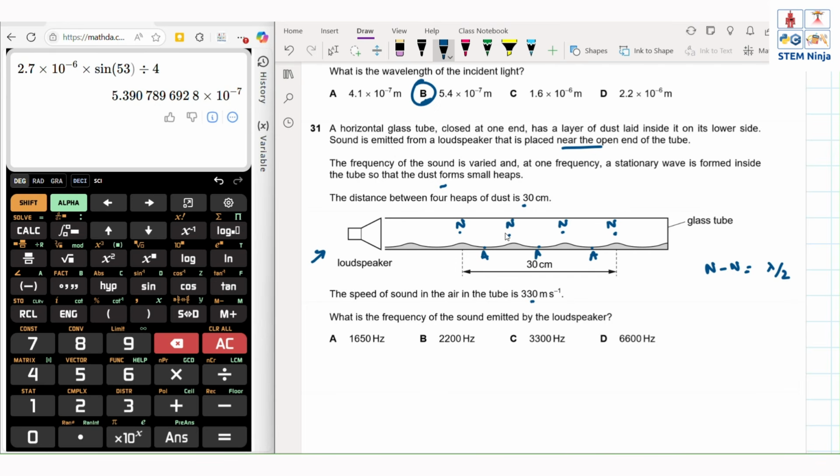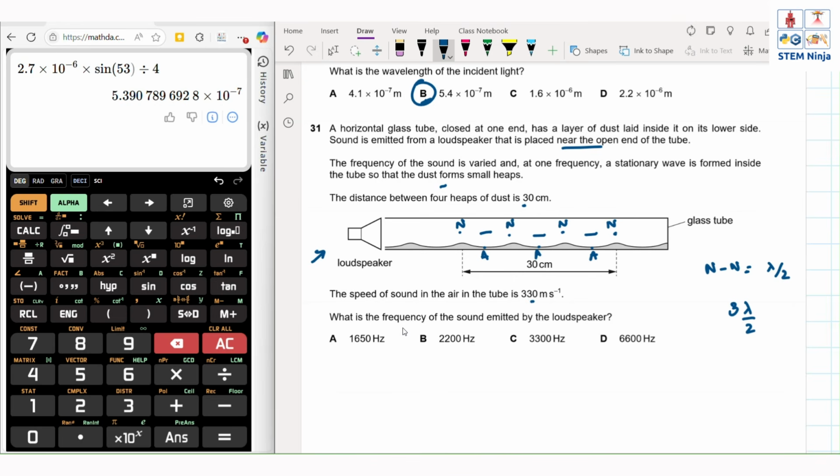So half wavelength, half wavelength, half wavelength. So that is 3 times half wavelength, sorry, my bad. 3 times half wavelength. That's all, 3 lambda by 2. So that's what we have over here.